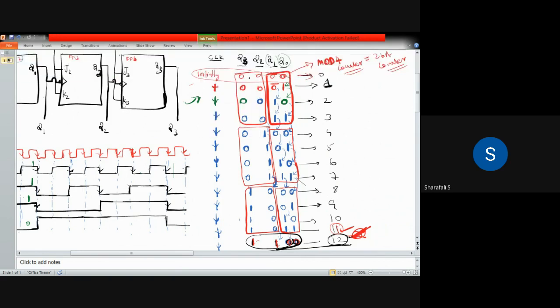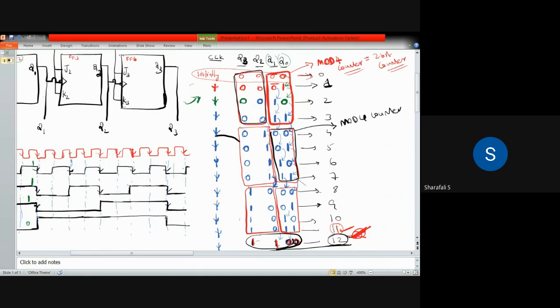The next one, I will draw with another color. If you consider this one, that is 0, 0, 0, 0. All the values in this box are 0. For the next box, this one we consider, it is again giving me the output of the mode 4 counter, that is 0, 0, 0, 1, 1, 0, 1, 1. But here it is changing.